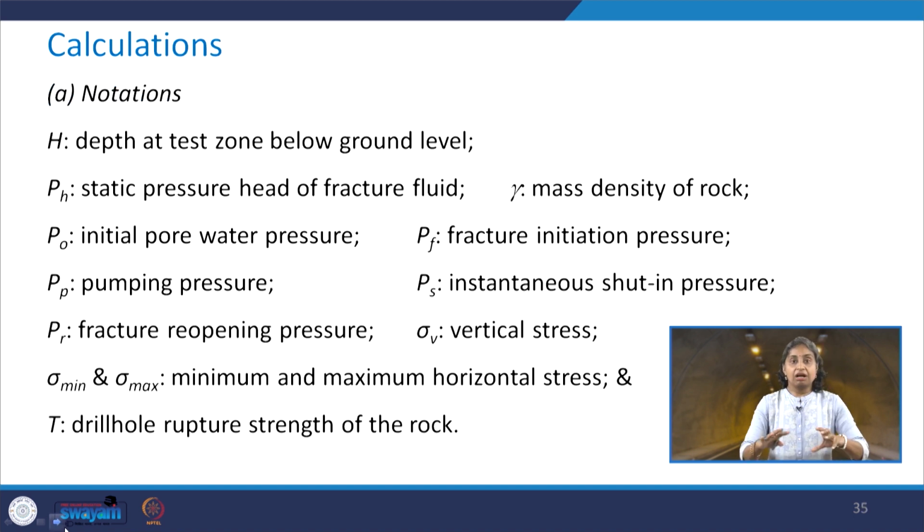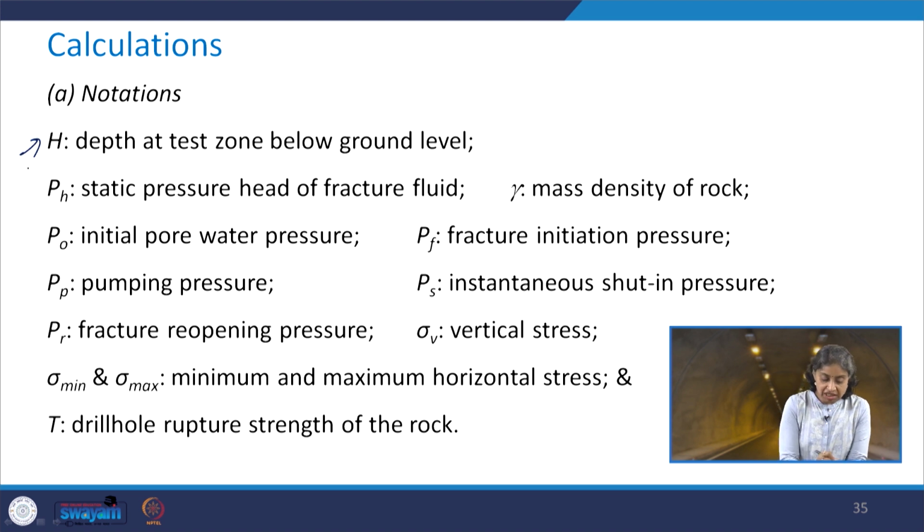Now, we have some notations, and then I will show you with the help of a figure how a typical pressure-time plot looks as a result of the hydraulic fracturing test. As far as calculations are concerned, first we take note of the various notations being used.